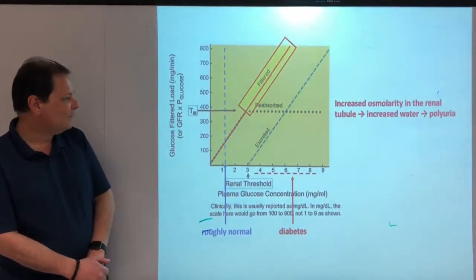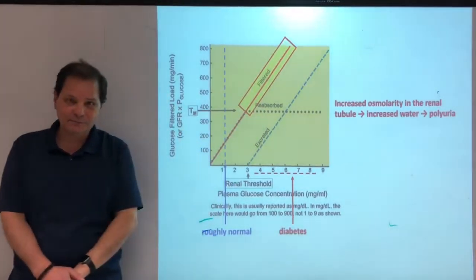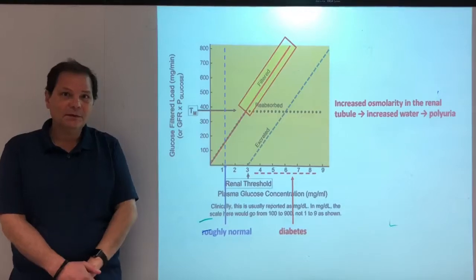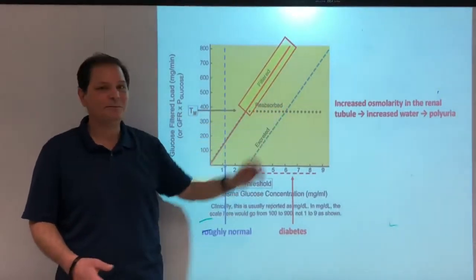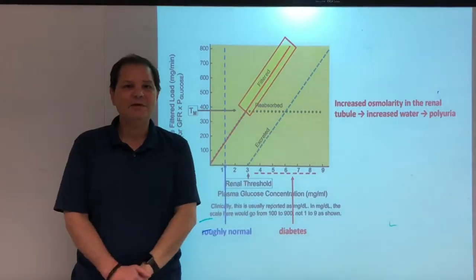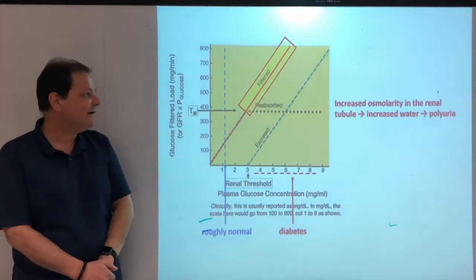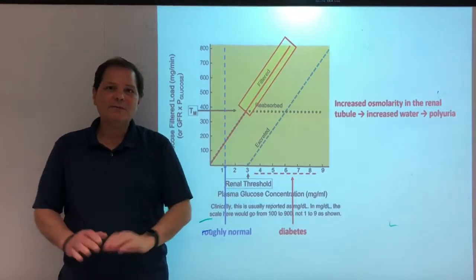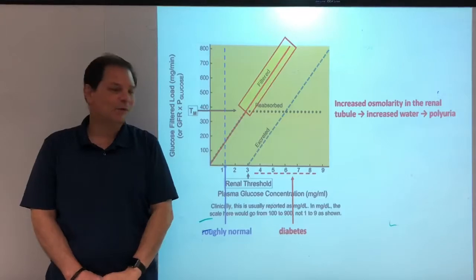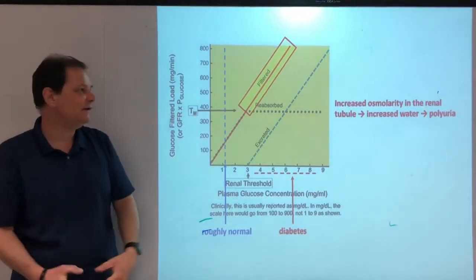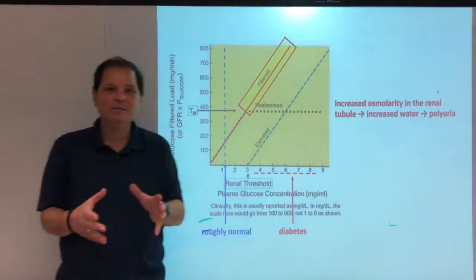Do note that as you keep glucose in the tubular lumen, once it gets beyond the proximal tubule, the stuff that was filtered and couldn't be reabsorbed is still there. That increases the osmolarity in the renal tubule, which means that not as much water will move out of the tubular lumen. In other words, you'll retain fluid in that tubular lumen.